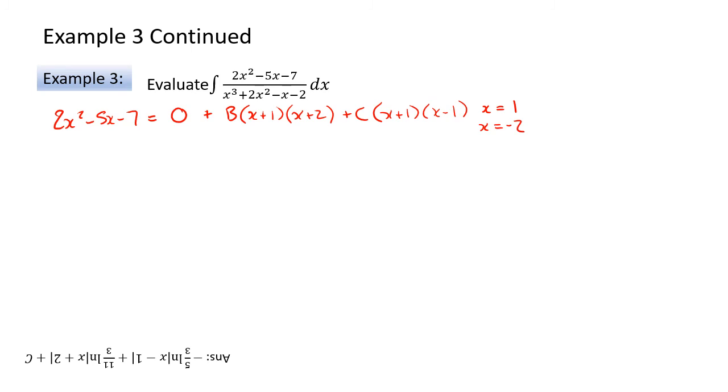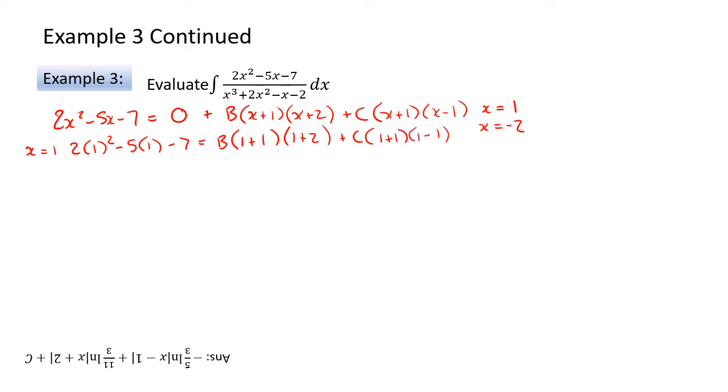So if we start with x equals 1, we get 2 times 1 squared minus 5 times 1 minus 7 is equal to b times 1 plus 1 times 1 plus 2 plus c times 1 plus 1 times 1 minus 1.